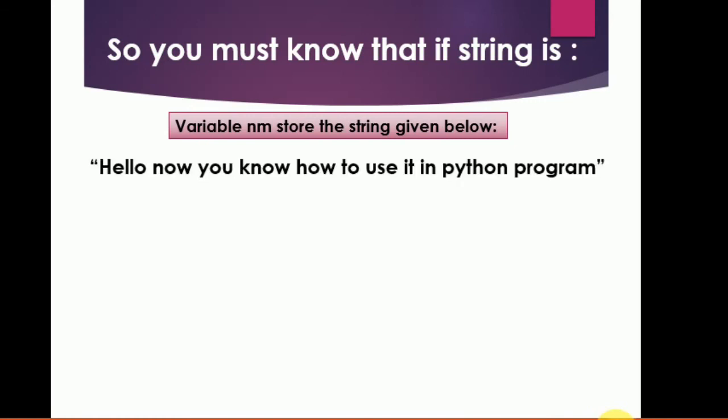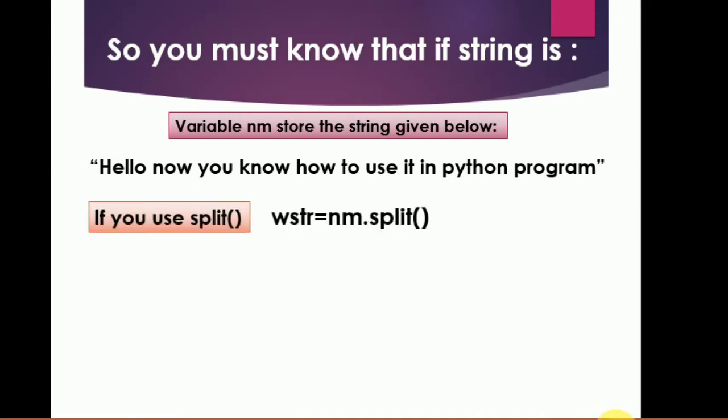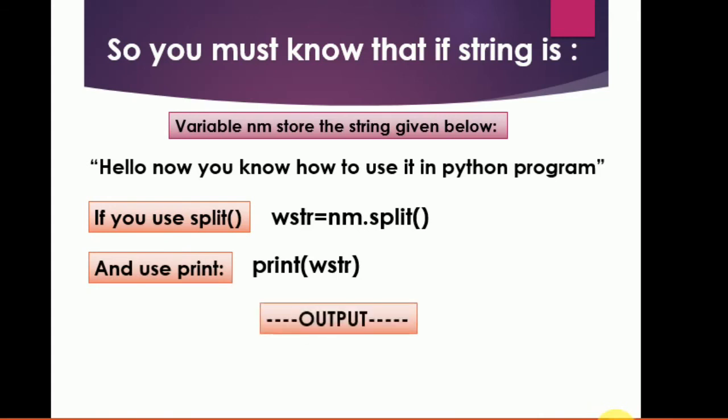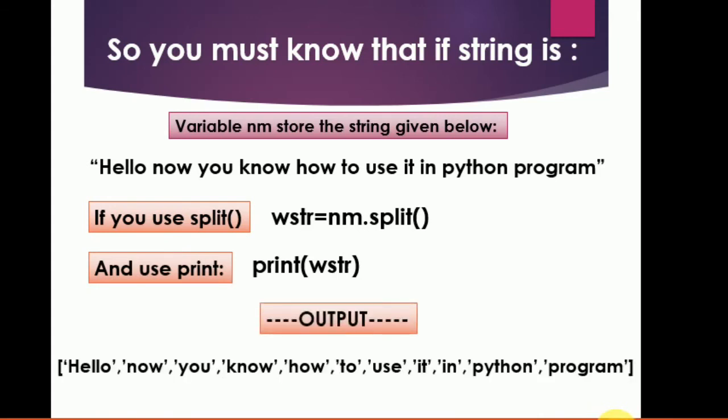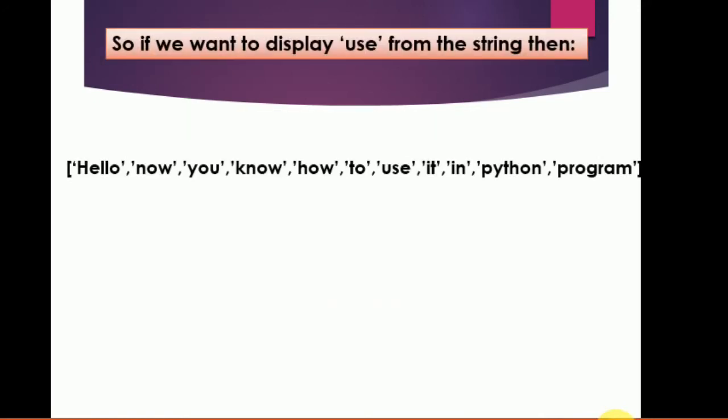Let's say a string now. If we use split, it is going to be print WSTR, then I use it, and the output will be like this. Now we move to the second part: if I need to display use, where is use here? Count it: 0 1 2 3 4 5 and 6. It's the 6th row.